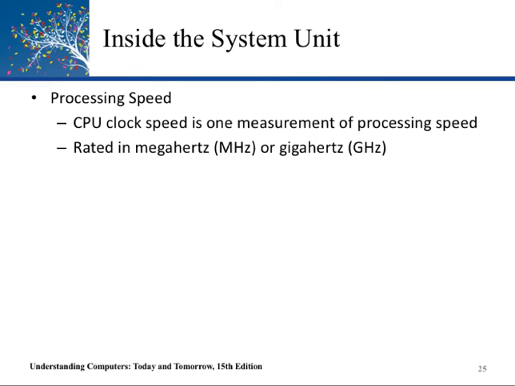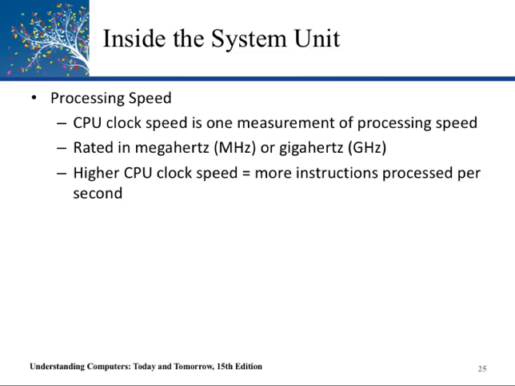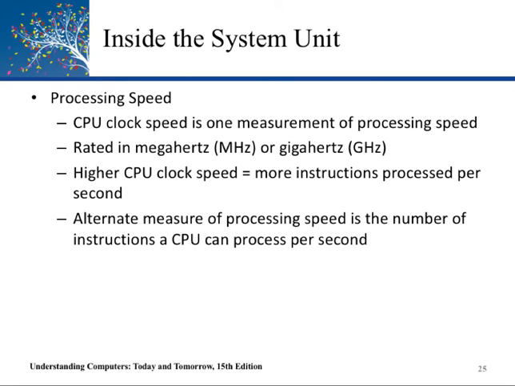Now, of course, the more times the CPU is triggered, the faster it goes. So the higher the clock speed, the more instructions per second it does. Now, that's measuring how often it processes one individual instruction. But instead of measuring the clock speed, we can measure the actual speed of how many instructions it can process.